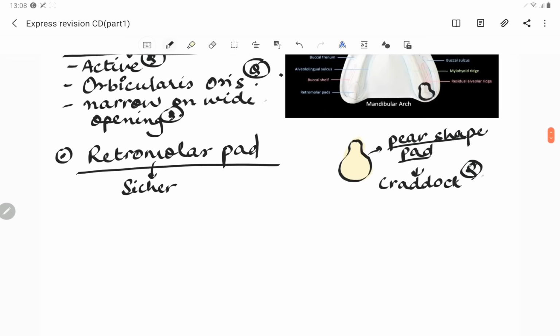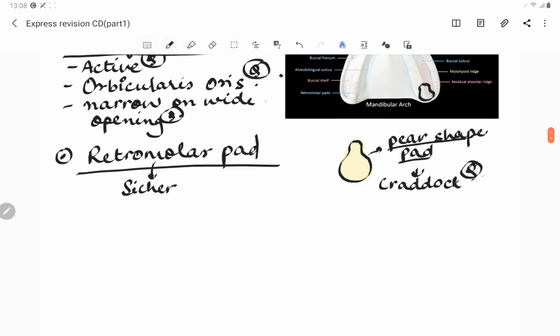Now what are the muscle insertions? Suppose this is a retromolar pad, the pear shaped pad, which is here, and this is the crest of the ridge.